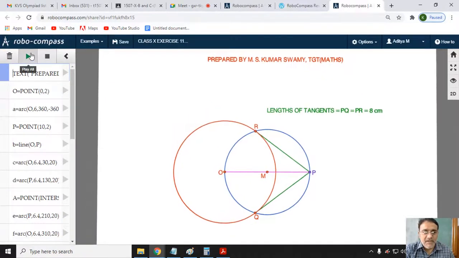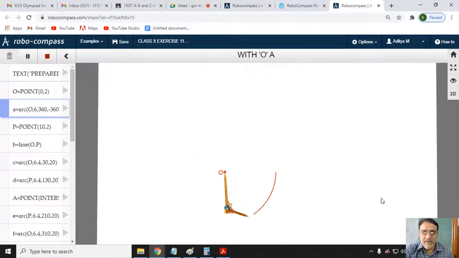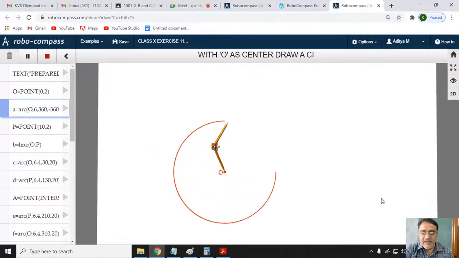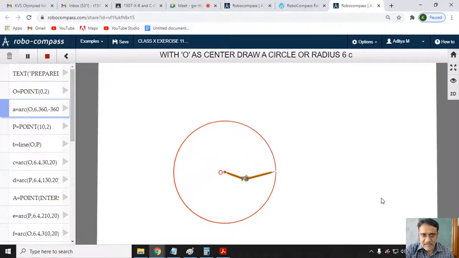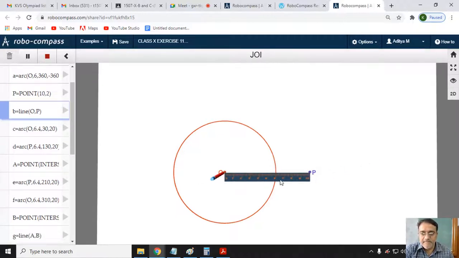Okay, so let us start. First we have to take center O, and with radius 6 centimeter we are going to draw one circle. Now we have to take one point 10 centimeter away from the center, point P. Join OP. Now we have to draw the perpendicular bisector of OP.